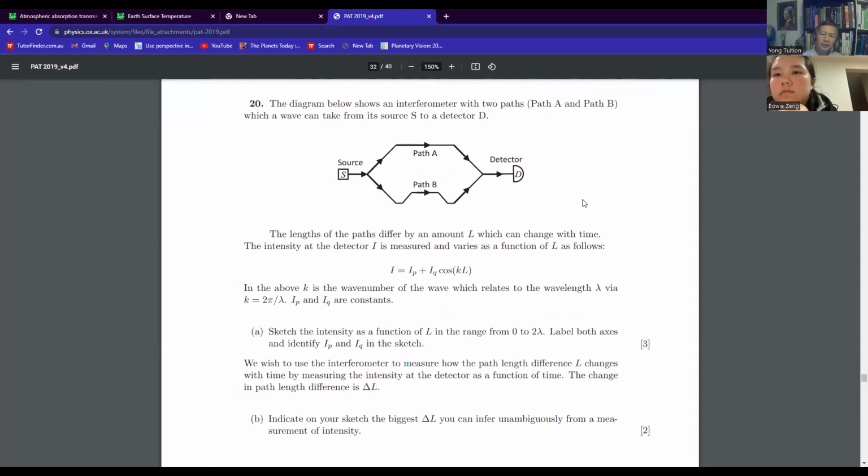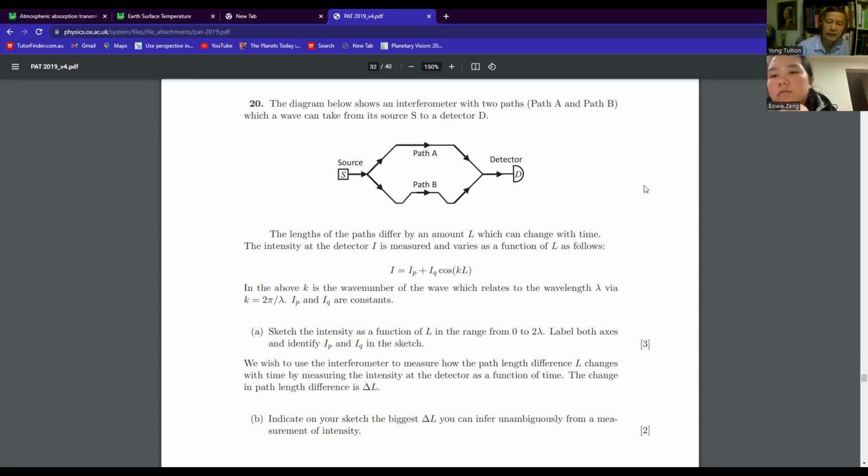Okay. The diagram below shows the interferometer. So it's just an interference phenomenon with two paths, A and B, which a wave can take from its source S to detector D. So these are, they've got the source and two different paths, all right?